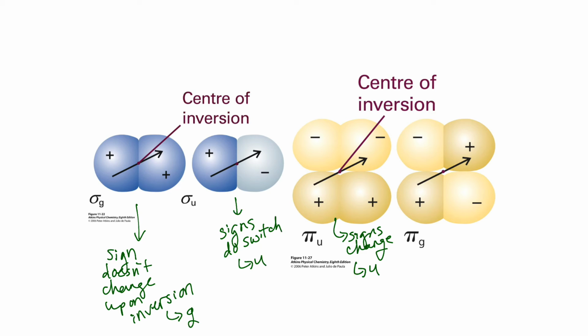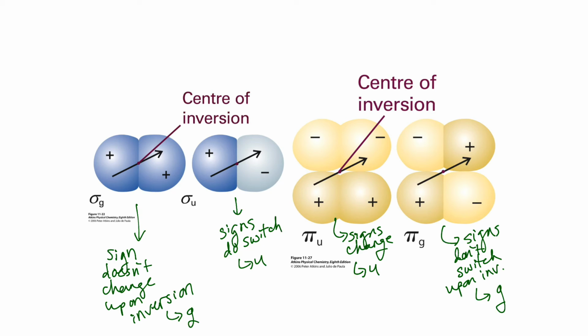So that is going to give us the symmetric, or the G. So the signs don't switch upon inversion, so we get the symmetric G label.